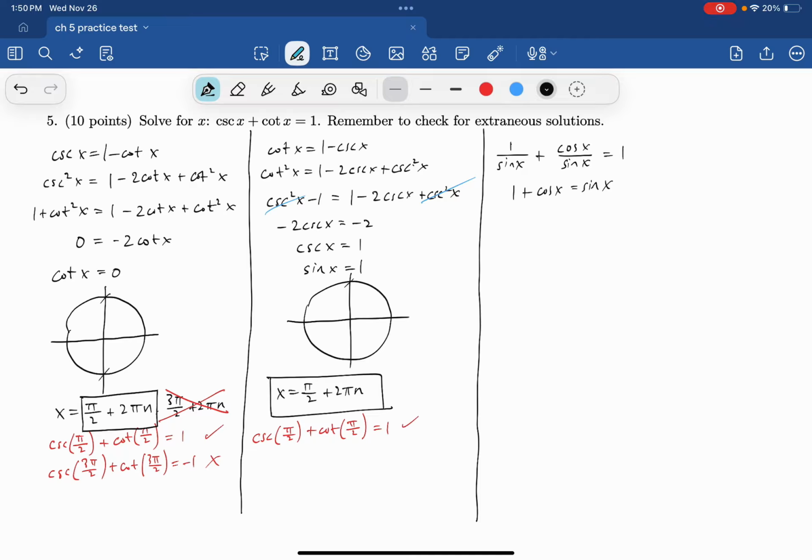Okay, then we square both sides. And then rewrite that sine squared as a 1 minus cosine squared. So this is going to turn into, right, the 1's cancel out.